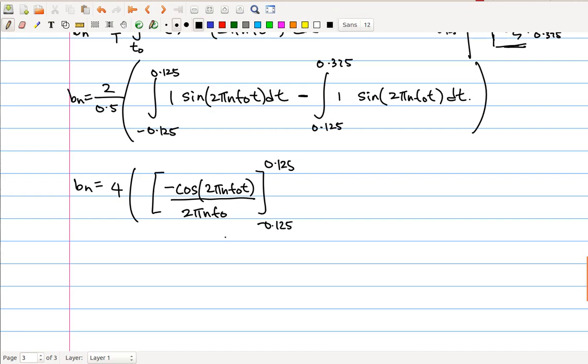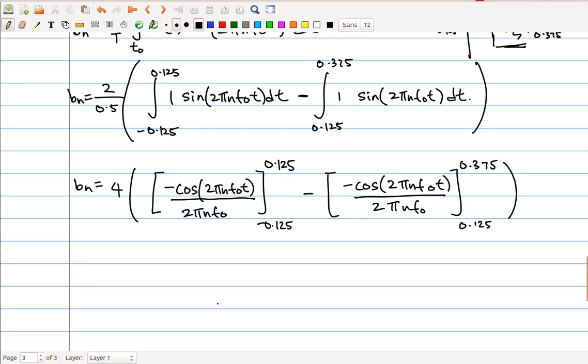There it is. Okay, and then we have a minus here. Preserve the sign, integral with a sine. Again, that goes to a negative cos, divided by the derivative on the inside. And once again, don't forget your limits. Close brackets. Okay, and of course, after this it is just algebra.